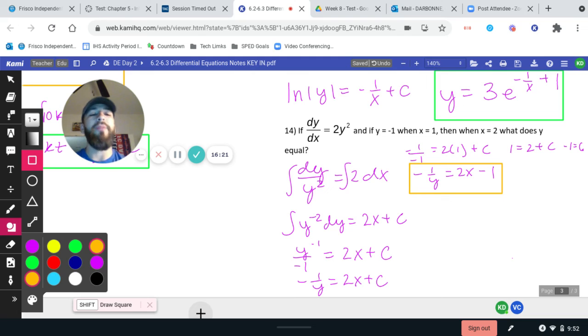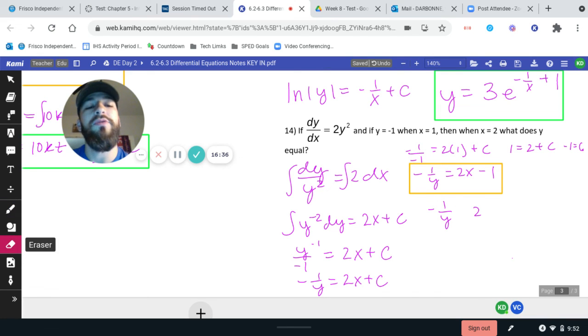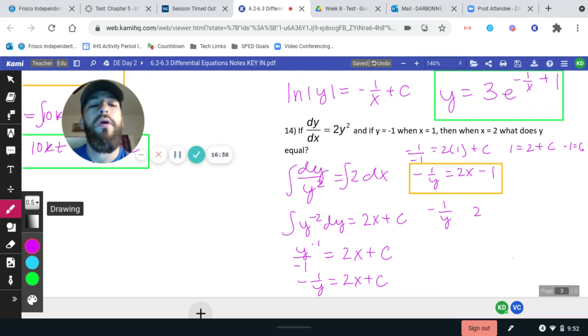Okay, now I'm going to plug in 2 to solve for the value of y. So when x equals 2, what would the value of y be? So I can go ahead and plug that x value in. So negative 1 over y is equal to 2 times 2 minus 1. So negative 1 over y is equal to 4 minus 1.